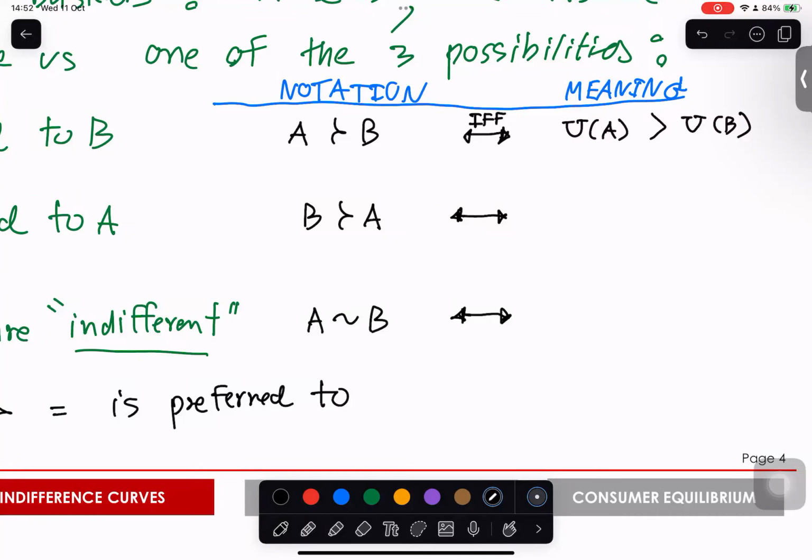Happiness derived from consuming basket A is higher than happiness when he consumes basket B.